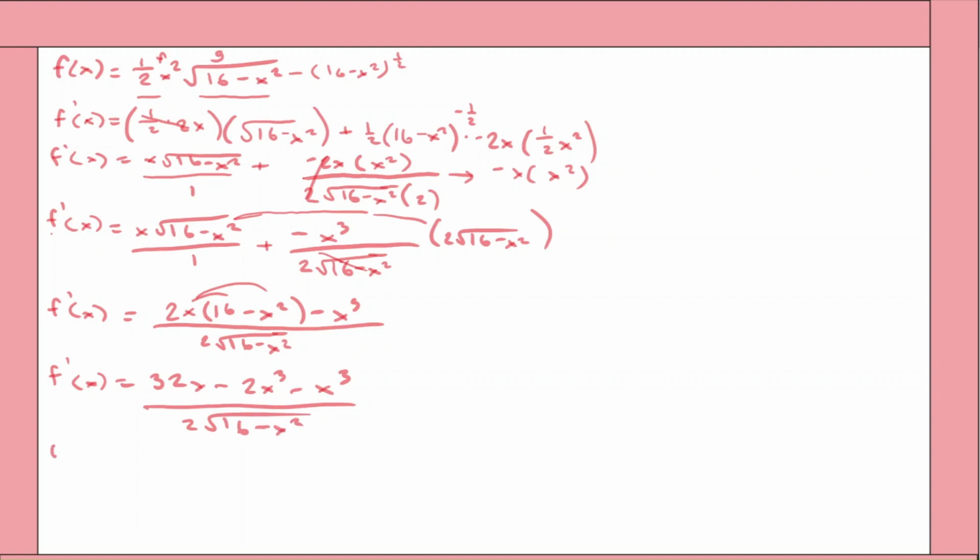Now we just want to go ahead and simplify these last terms on top, and we'll have the answer. So 32x, that stays the same. Negative 2x cubed minus x cubed just becomes negative 3x cubed. So negative 3x cubed, and this is all over 2 root 16 minus x squared.